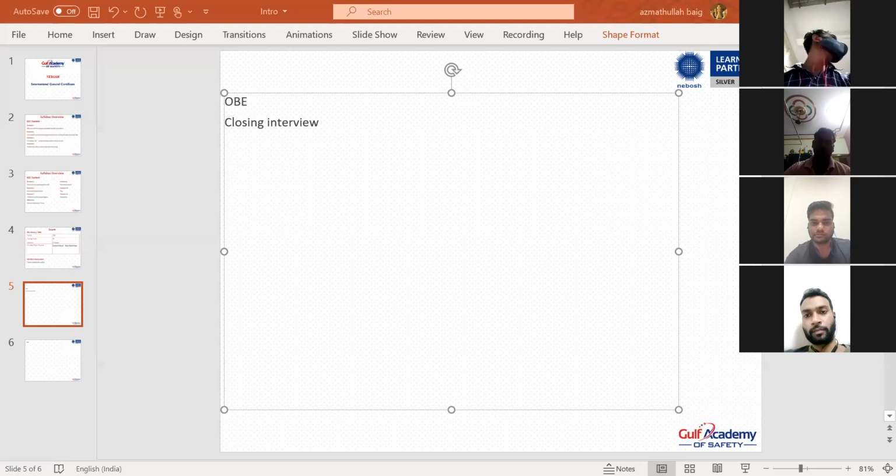Sir, I have one doubt once again. Who is this? This is Gopi here. Is attendance mandatory? If you attend every day's class, that is good. Gulf Academy didn't inform me about it. Sometimes we will have night shifts.